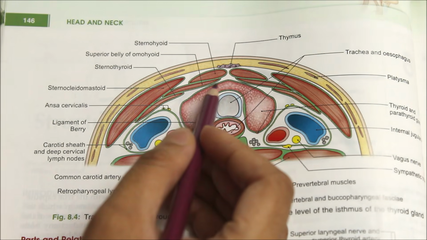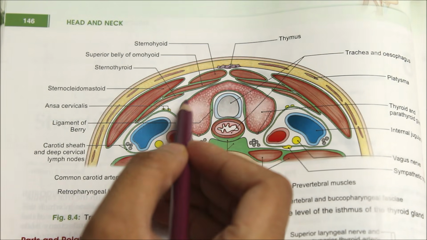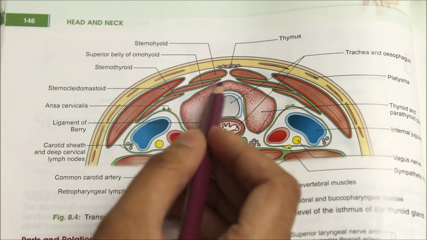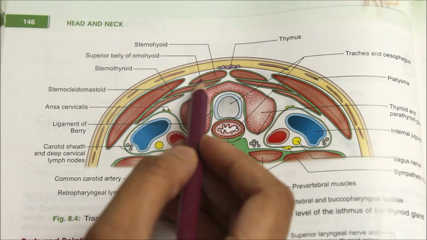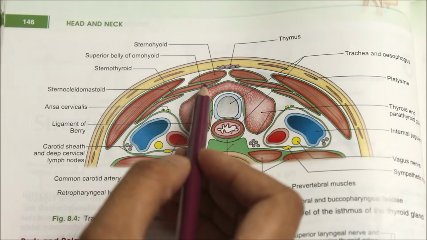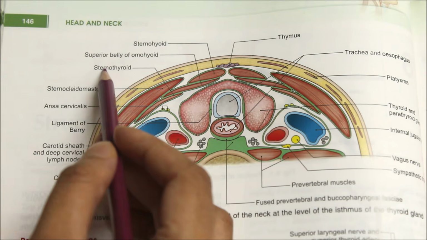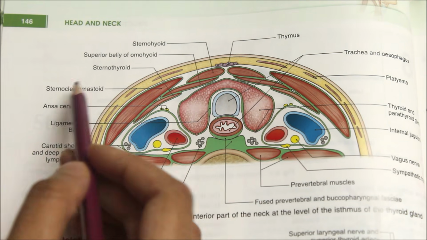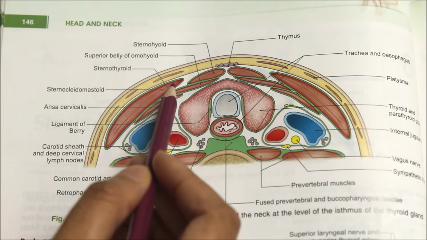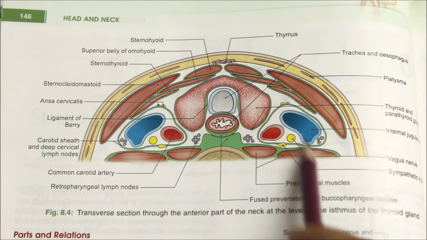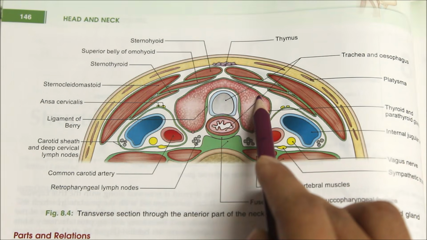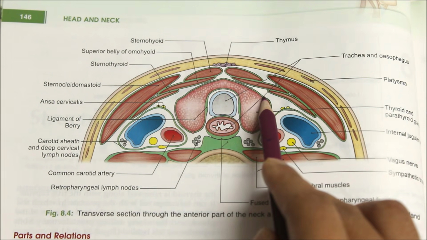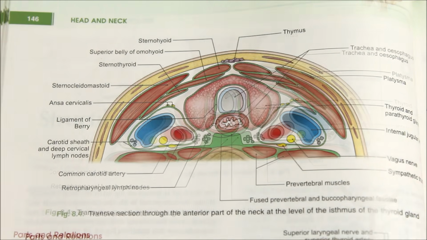Looking at the lateral surface or the superficial surface, it is convex, as you can see, and is covered by the sternohyoid muscle, the superior belly of the omohyoid muscle, the sternothyroid muscle, and the sternocleidomastoid muscle. Similar structures can be seen in relation to the lateral surface of the lobe of the thyroid gland on the opposite side.